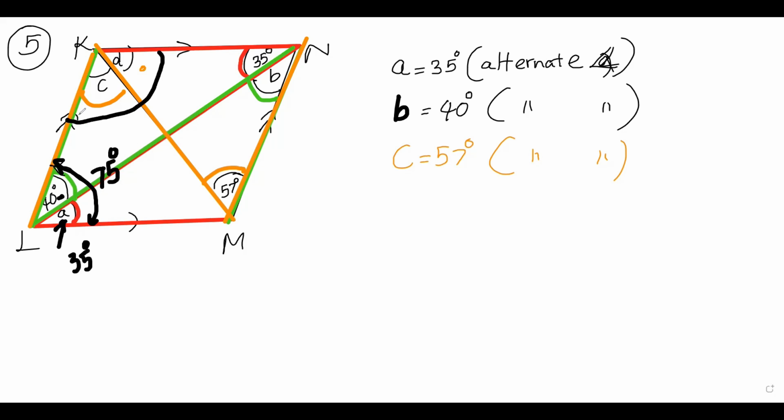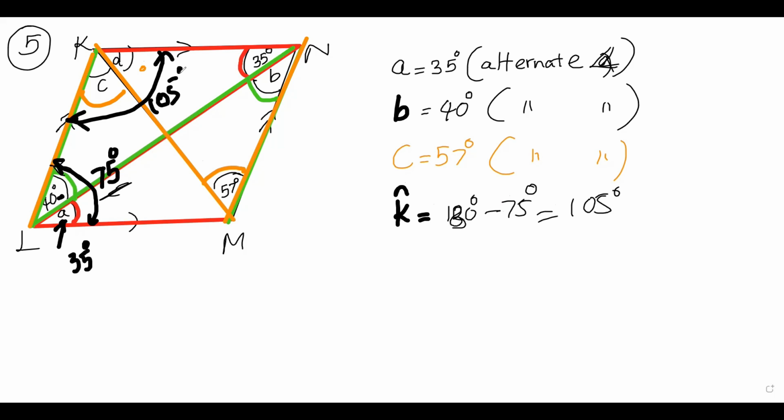So this angle C and D altogether, this K, should be 180 minus 75. So it should be 105. So altogether this one should be 105.